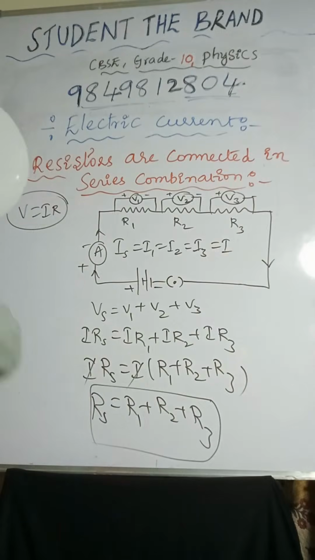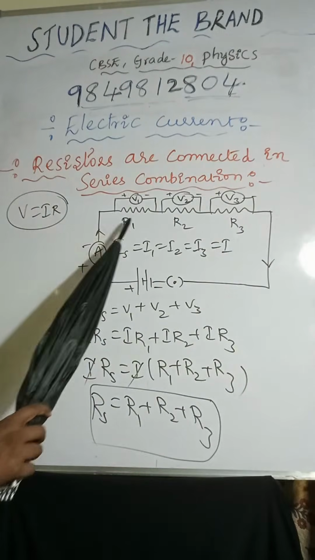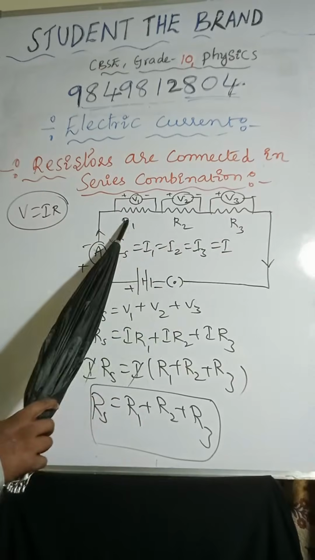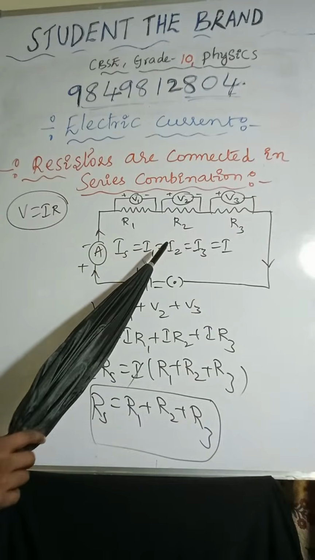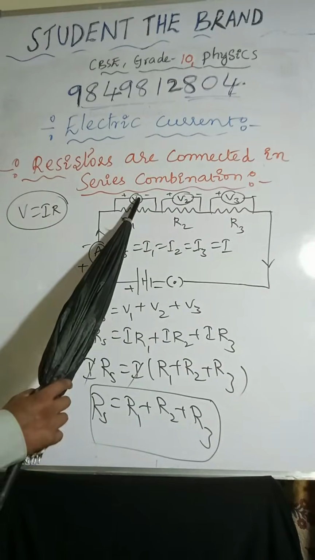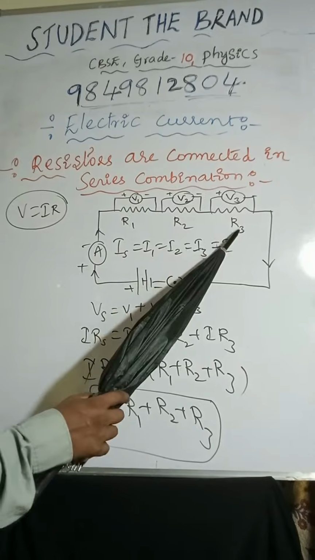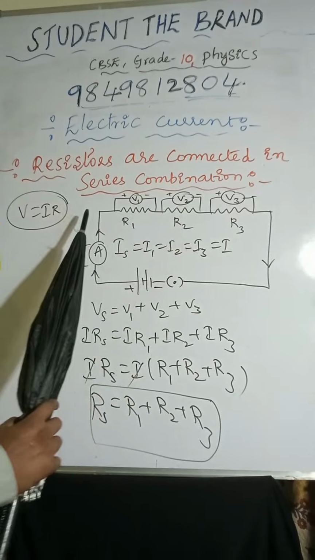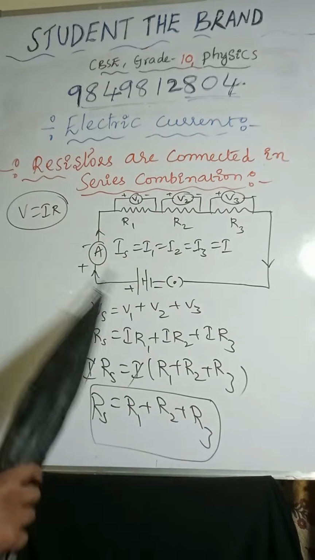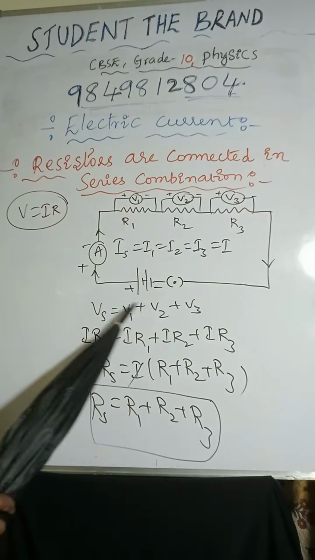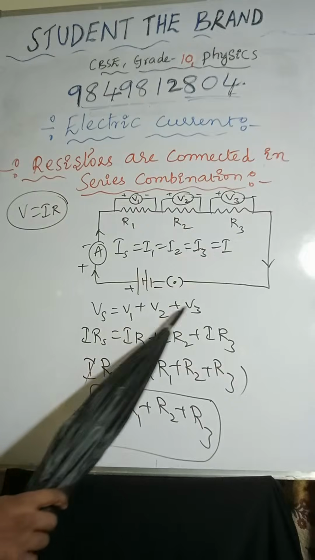So here you can observe R1, R2, R3, three resistors connected in series combination. Across R1, V1; across R2, V2; across R3, V3. Voltmeters are connected. Throughout the circuit, current is the same. That's why Vs equal to V1 plus V2 plus V3.